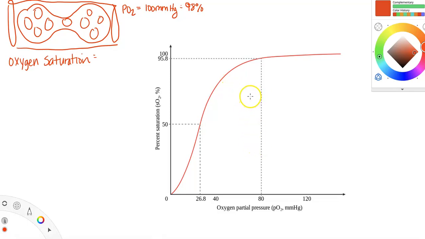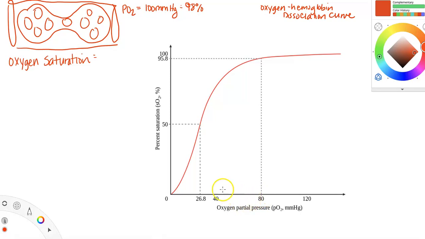So if we look at this little graph, this is called the oxygen hemoglobin dissociation curve. And this is the curve that shows the saturation of oxygen on hemoglobin at the different partial pressures. So oxygen's partial pressure.